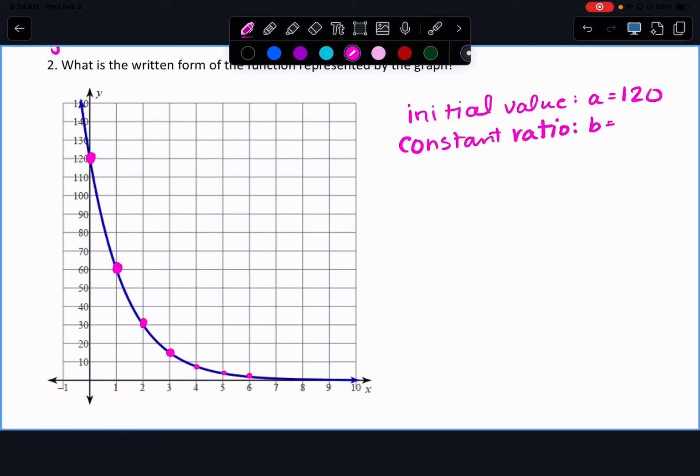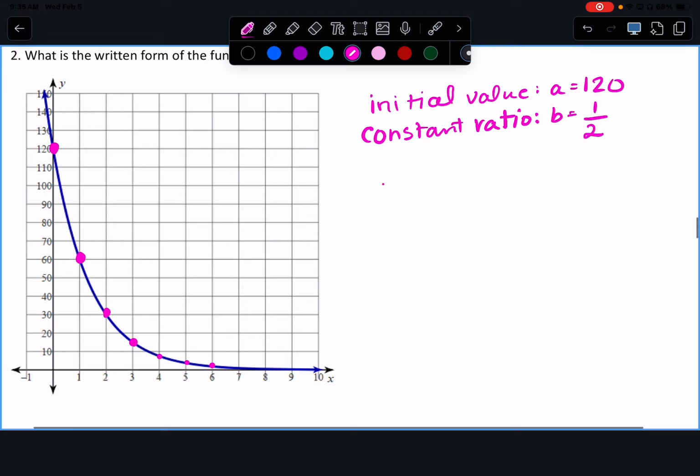This is our B. To go from 120 to 60, what would I need to multiply by? Divide by 2, which is the same as multiplying by a half. So our constant ratio is 1/2. Because what's half of 120? 60. What's half of 60? 30. And so on.